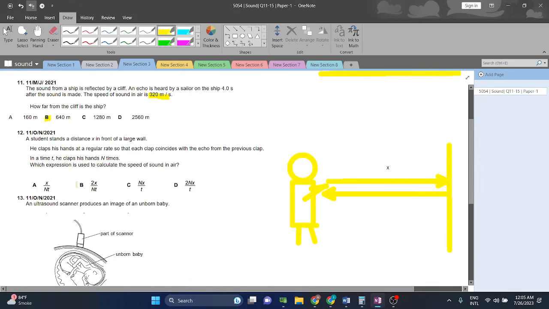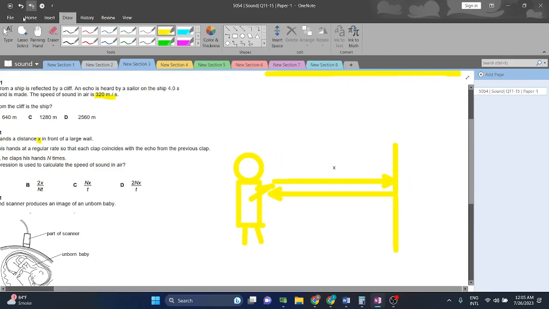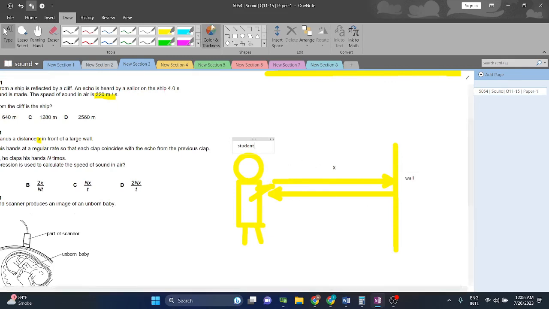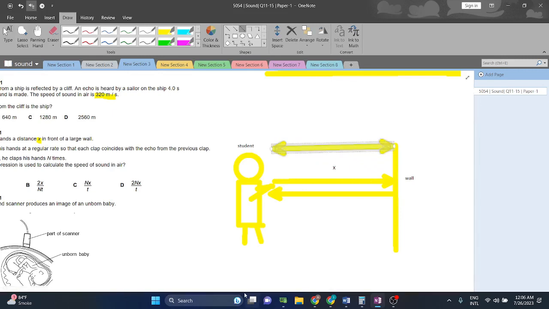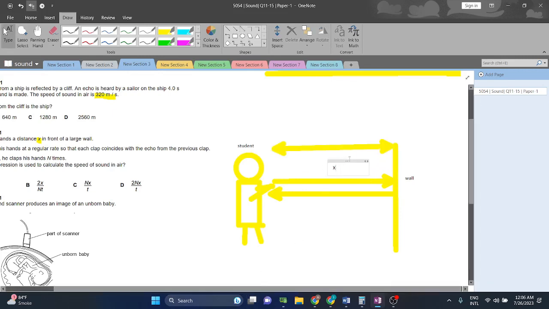Question 12. A student stands a distance x in front of a large wall. This is a wall, this is a student, standing at distance x from the wall.